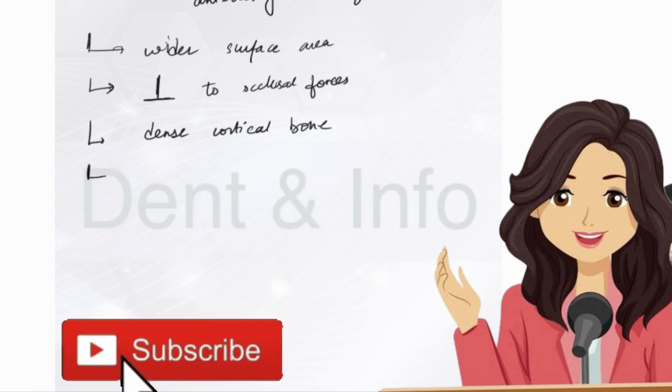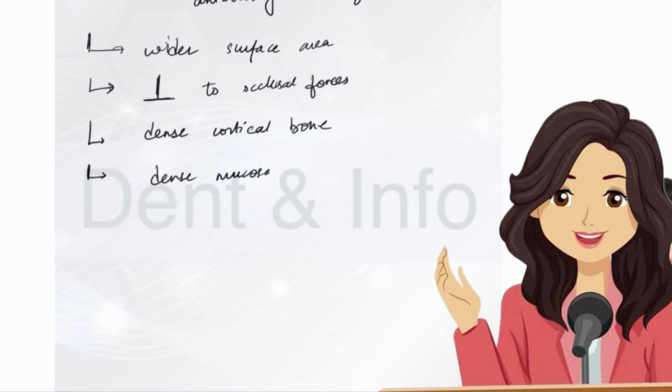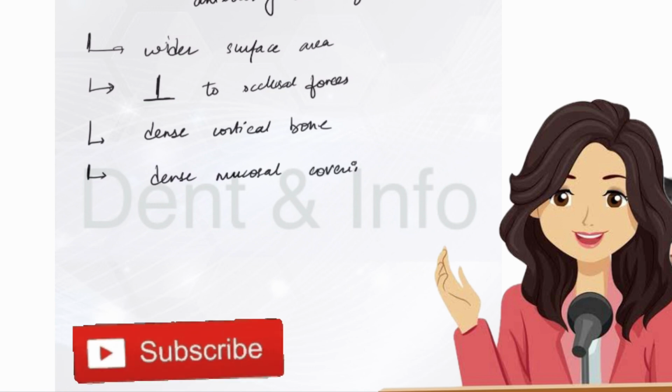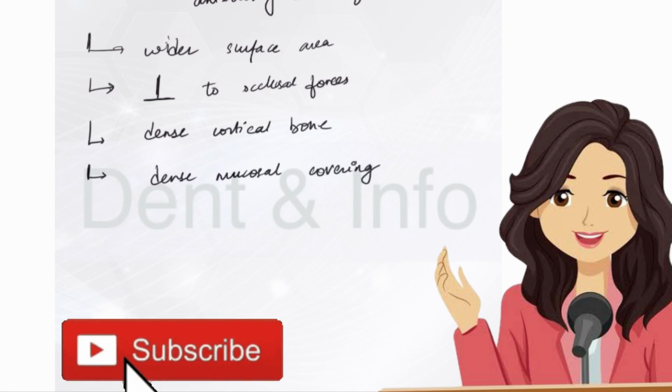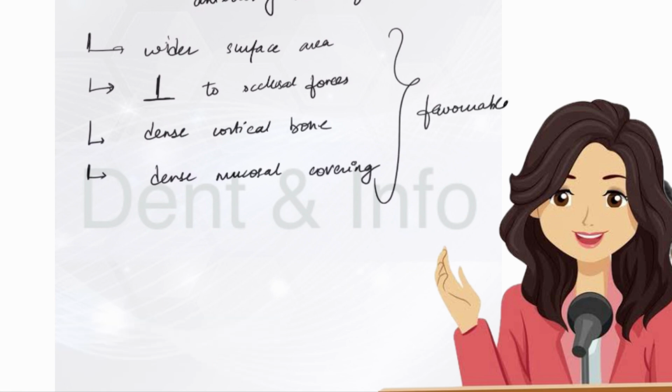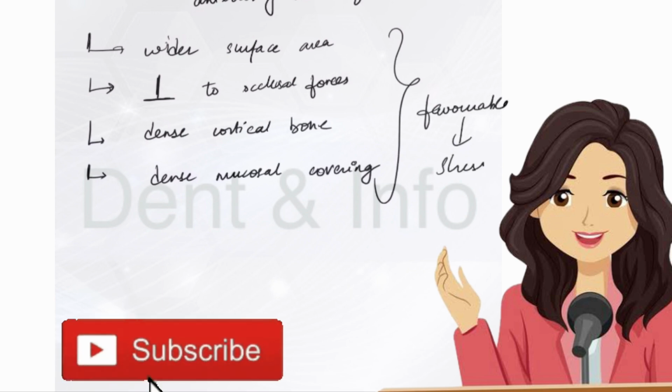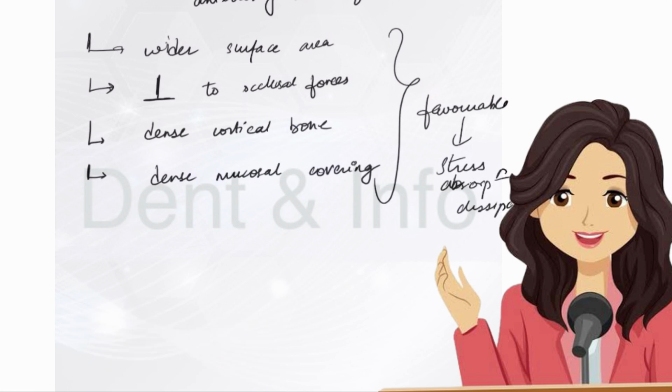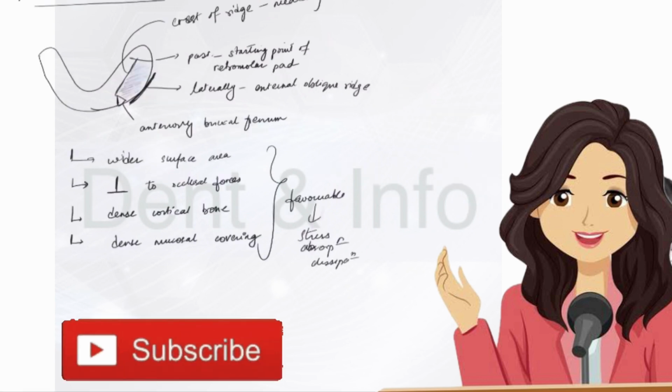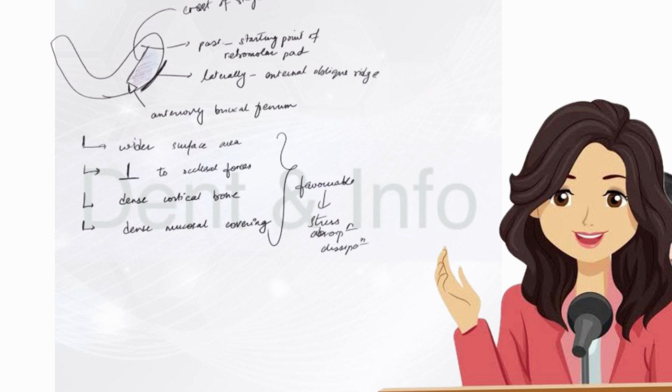Then a dense mucosal covering, which is helpful. So all of these are favorable factors which help with stress absorption and dissipation. Right? This is why your buccal shelf area is considered your primary stress-bearing area.